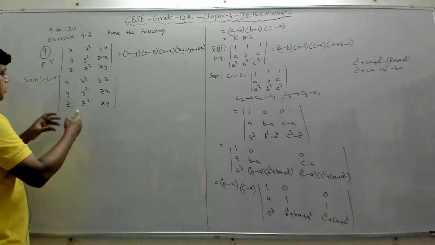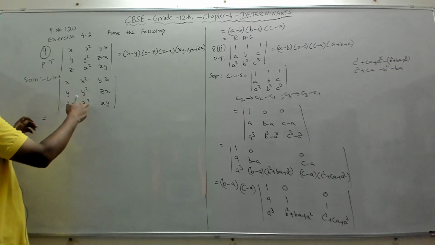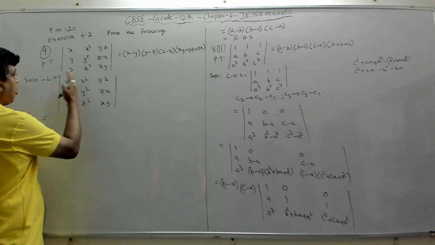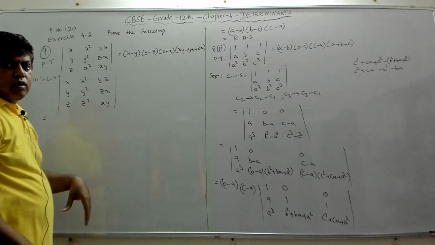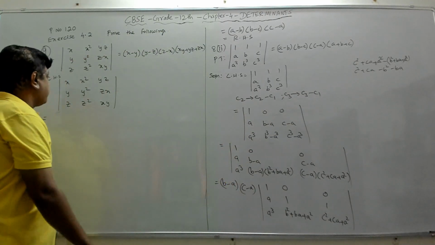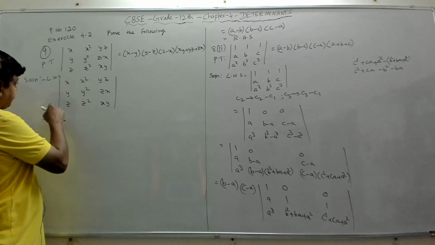But here it is not possible, because if you add all this, you will get x plus y plus z. Here you will get x square plus y square plus z square. If you add column wise or row wise, none of the rows or columns have the same element. So we can't do that.